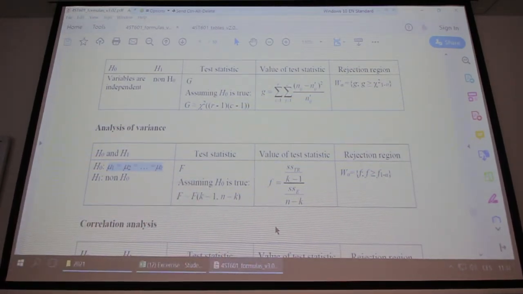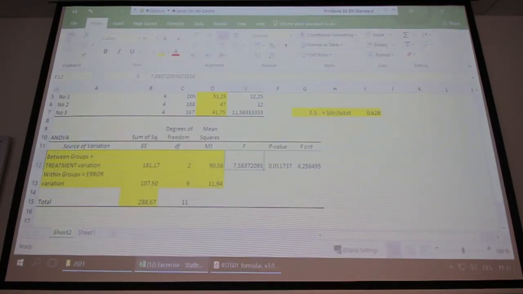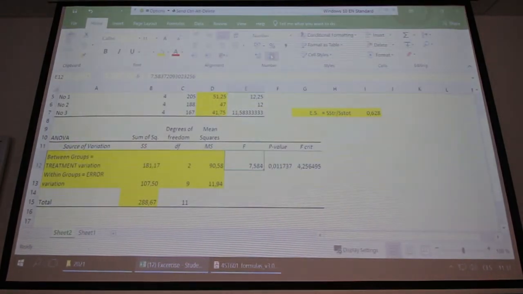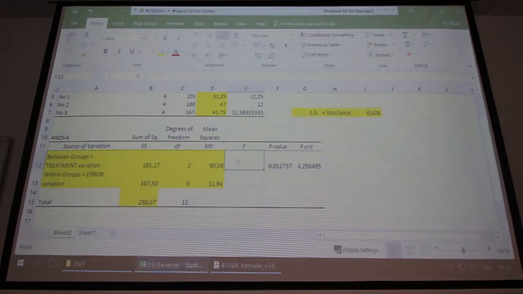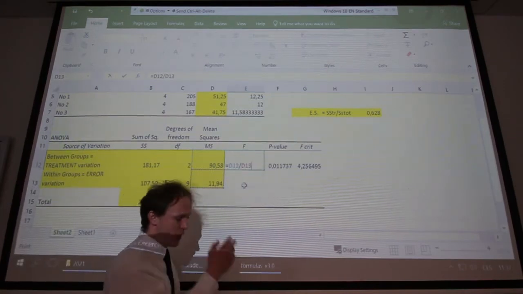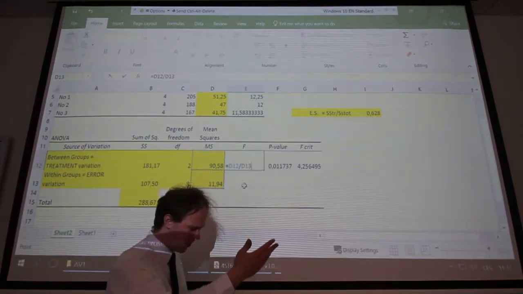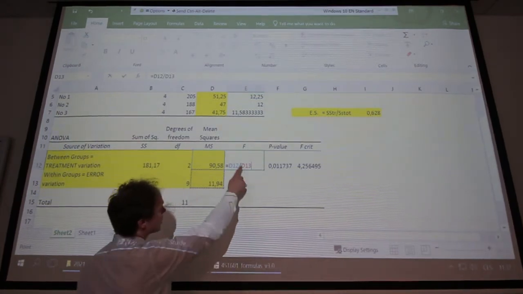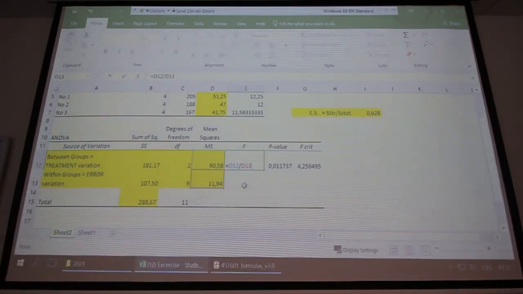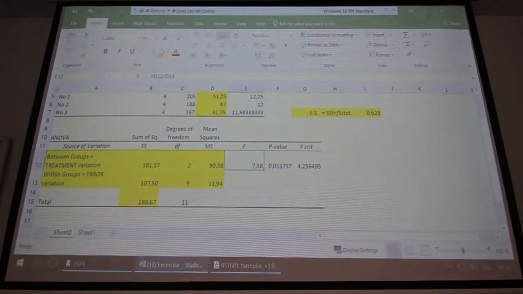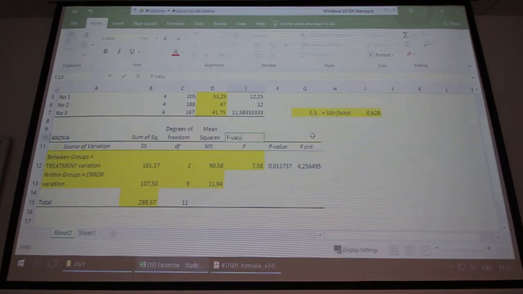You can verify that this Fisher F statistic, equal to 7.58, is the same if you delete this value and calculate the ratio of these two variances.